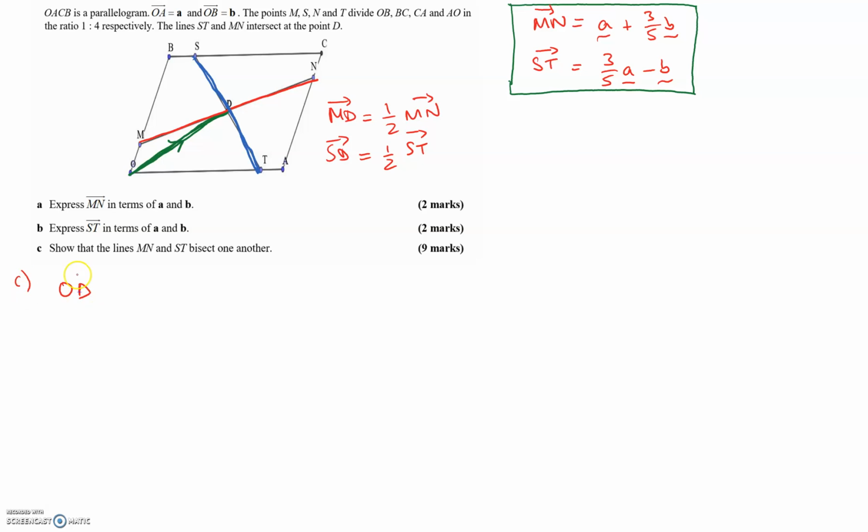For O to D, I could go from O to M and then M to D, so that uses the line MN. Another way I could go is to T and then travel from T to D, which uses the line ST. So that's using the blue line.